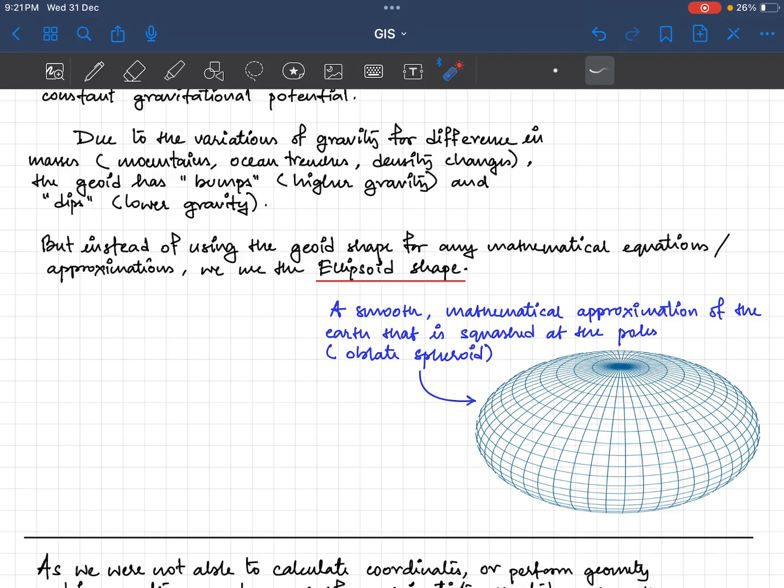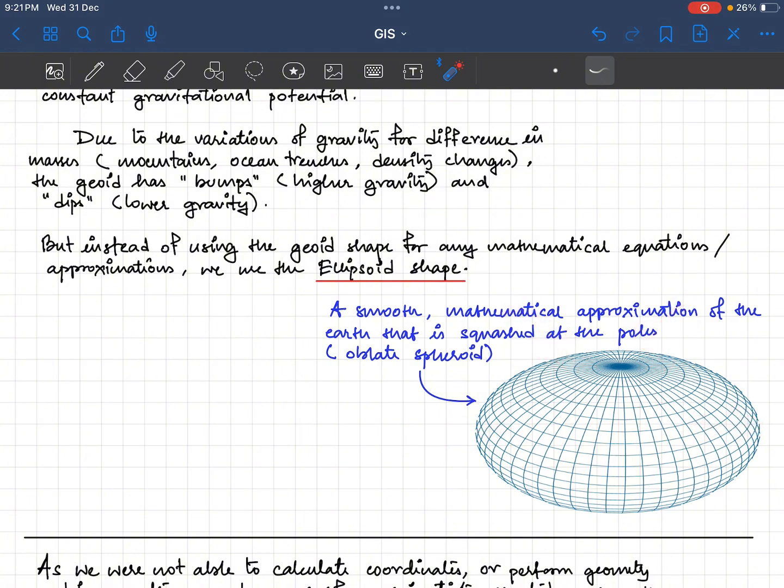That is why scientists approximated the shape of the earth, and we call this approximation an ellipsoid shape. So this is a smooth mathematical approximation of the earth that is squished at the poles and bulges at the equator.